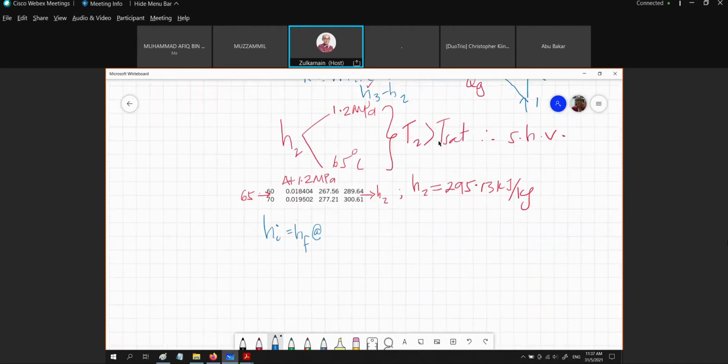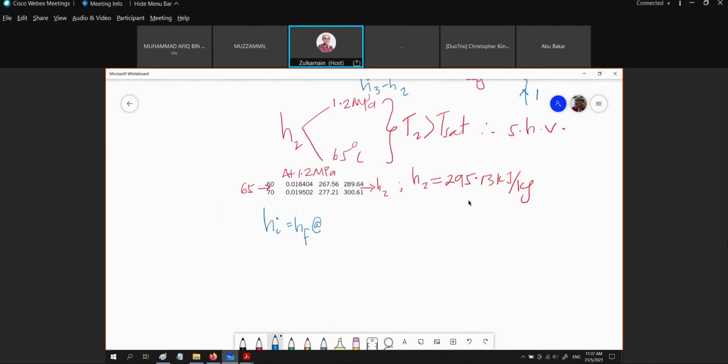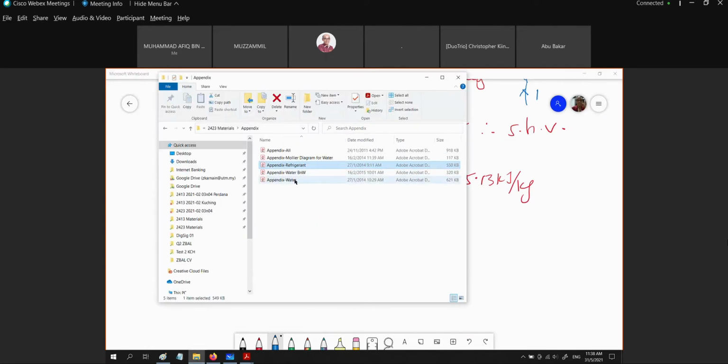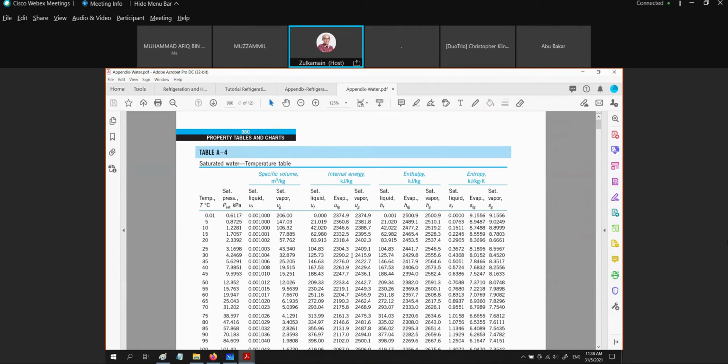Both are in the compressed liquid region. So we need to get the temperature table for water.